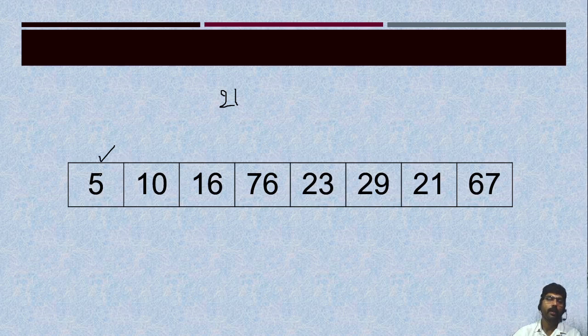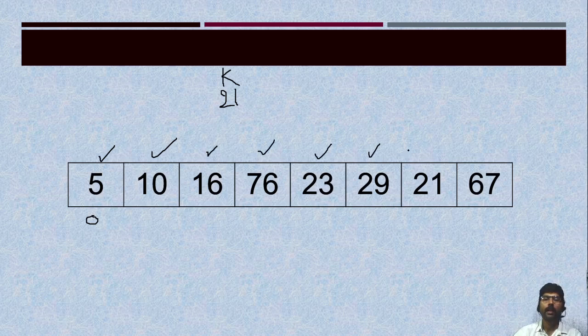First it will take the first element and compare it with the key 21. If both match, then it will return the index value of this one, that is 0. Now here there is no match, so it goes to the second one, 10. There is no match, again it goes to the next one, next one, next one.